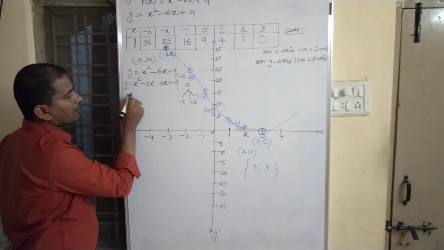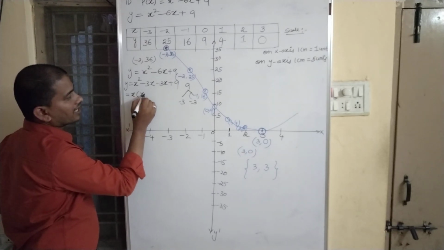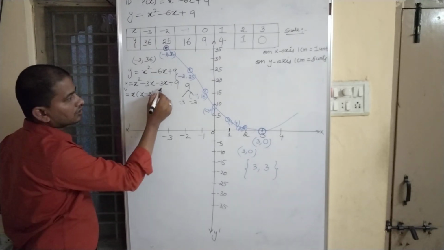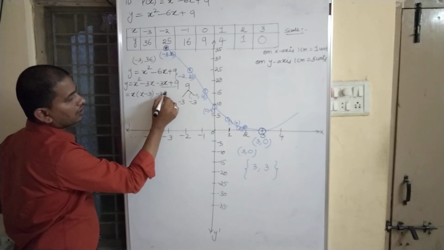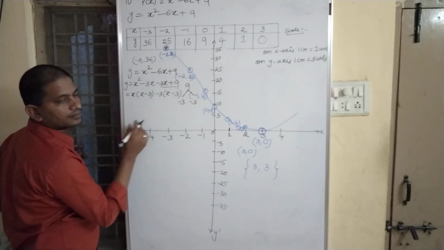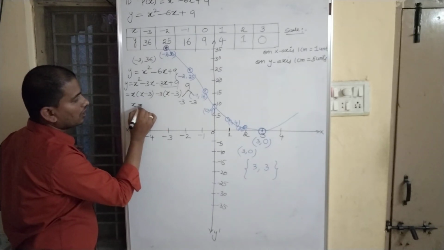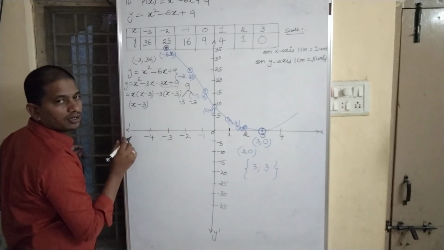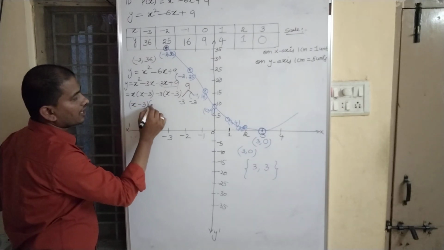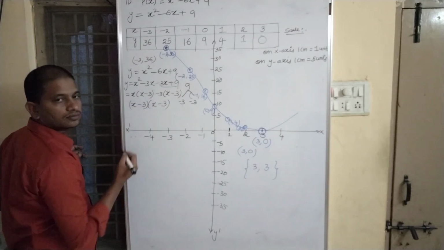Let me take x as common, then x minus 3. Taking minus 3 as common, x minus 3. Here x minus 3, here also x minus 3. Now let me take x minus 3 as common, so the left over is again x minus 3.